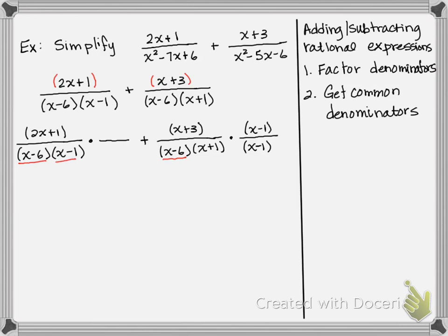And now they both have that in common. And then my second fraction has a factor of x plus 1 that the first one does not have. So I'm going to need a factor of x plus 1 over here. And now they both have a factor of x plus 1.